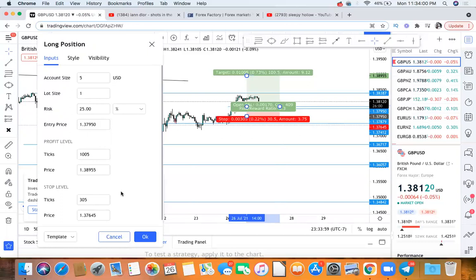The entry price is going to be at 1.37950. Take profit 1 is 1.3855, 100 pips. And take profit 2.